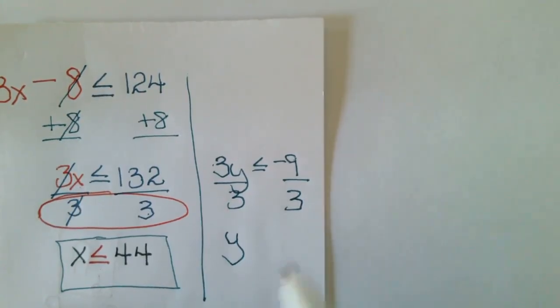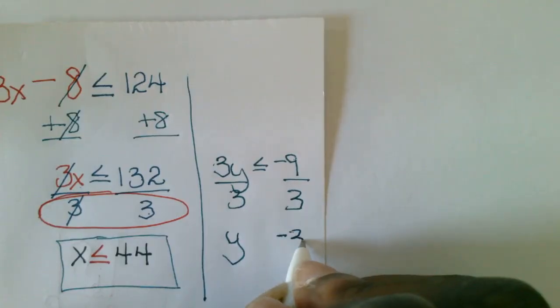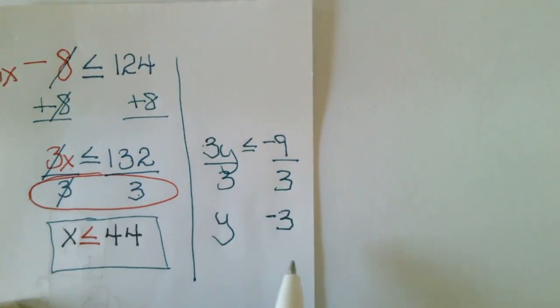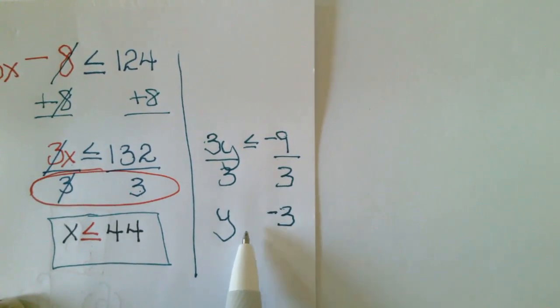Negative 9 divided by 3 gives us a negative 3. What would I do with the signage for this one?